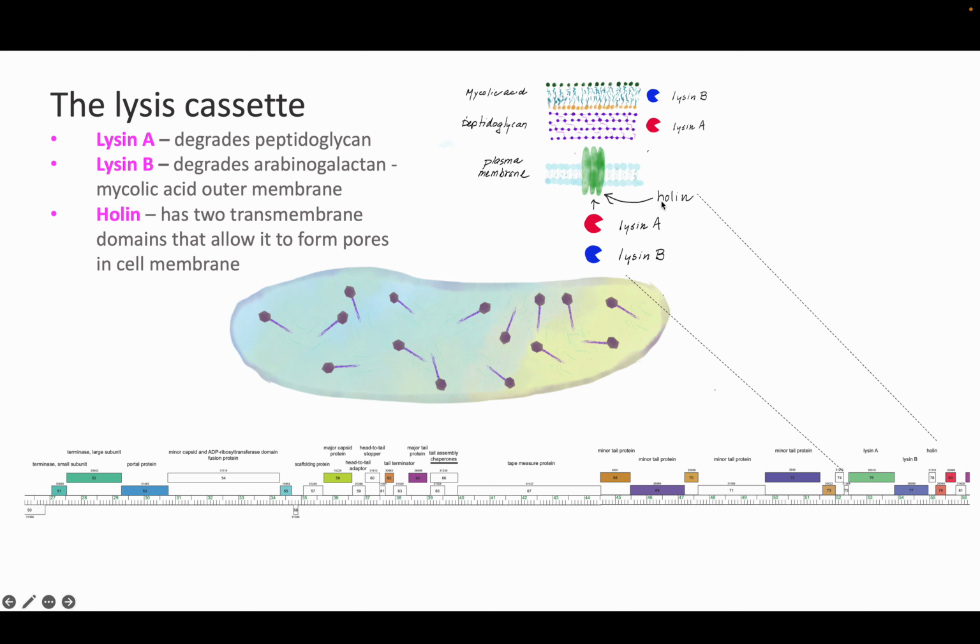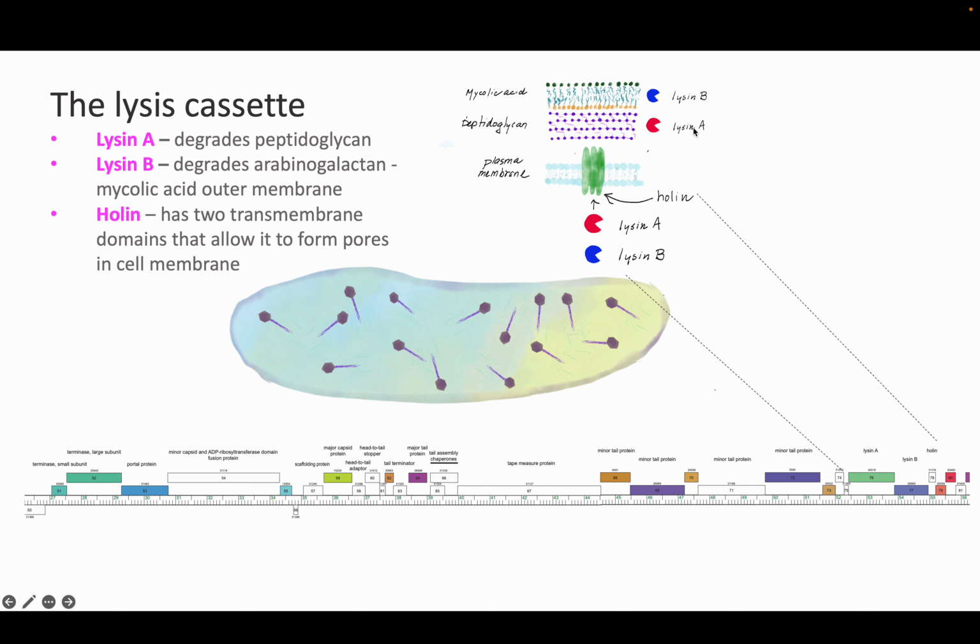Here's one green protein shown here. They assemble into a pore, so multiple holin proteins come together to form a pore. And that pore allows 2 other phage-encoded proteins, called lysin A and lysin B, to pass through the pore and then have access to the peptidoglycan and the outer membrane.